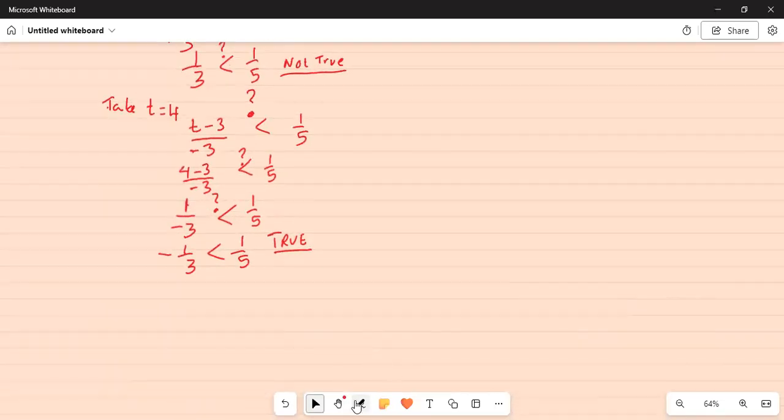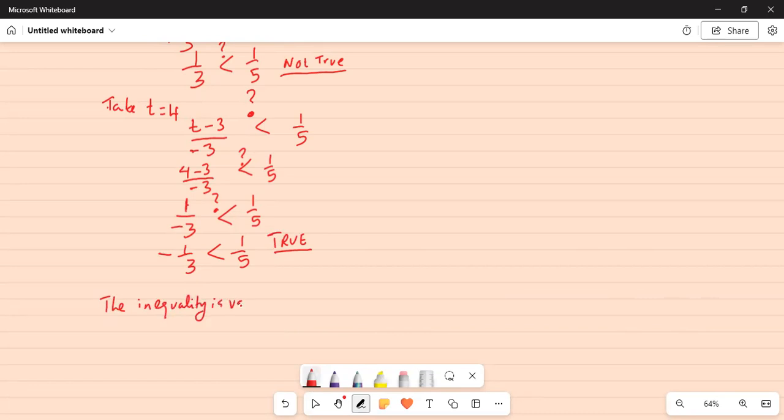So the inequality is valid for t greater than 2.4. Now let's work on the inequality on the other side.